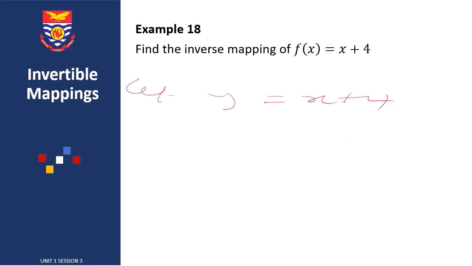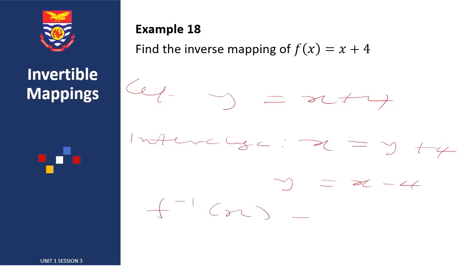You interchange x and y, so I get x equals y plus 4. You make y the subject, and then y equals x minus 4. Therefore, f inverse of x equals x minus 4.